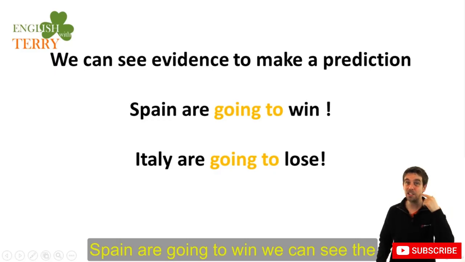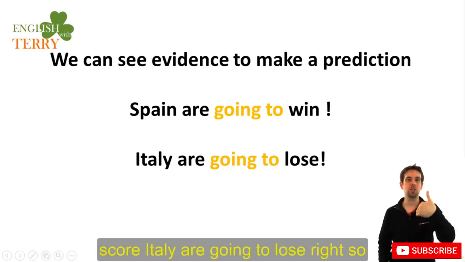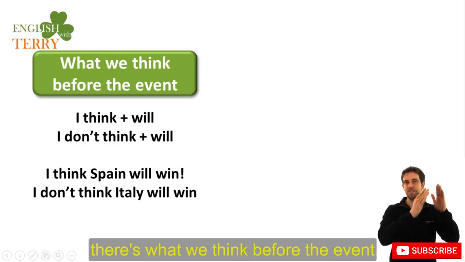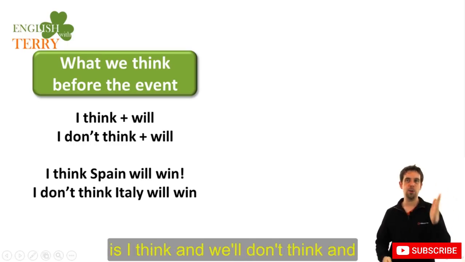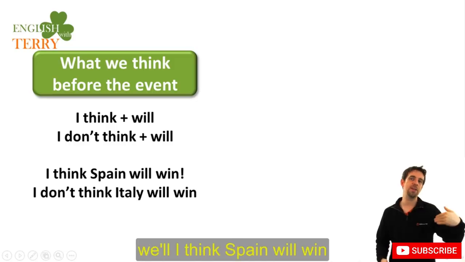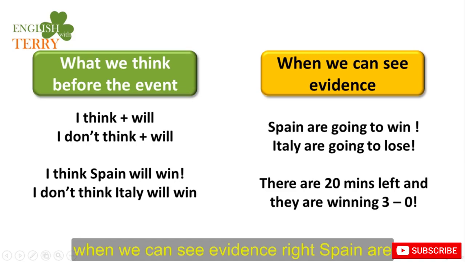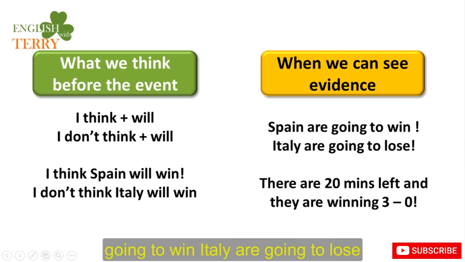We can see the score. Italy are going to lose, right? So there's what we think before the event, as I think and will, I don't think and will: I think Spain will win, I don't think Italy will win. And then when we can see evidence, right? Spain are going to win, Italy are going to lose, because we can see the evidence.